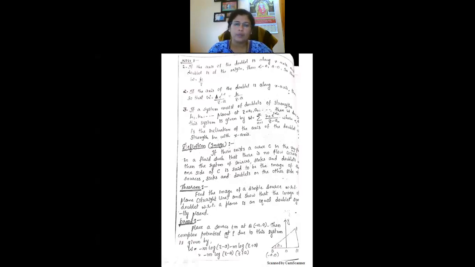Then the complex potential at P due to this system is given by the following. You are standing here and calculating the complex potential at point P, and it has its image on the other side.